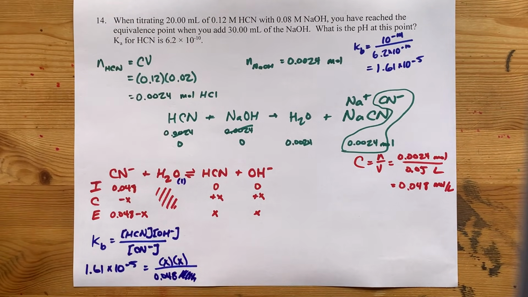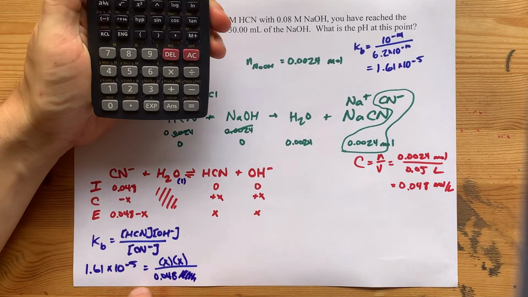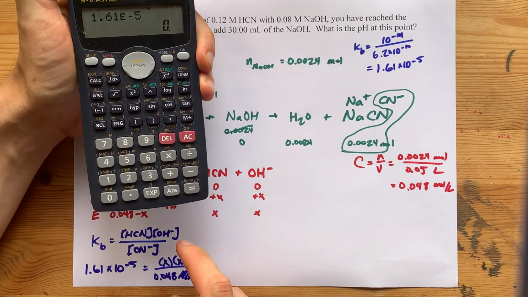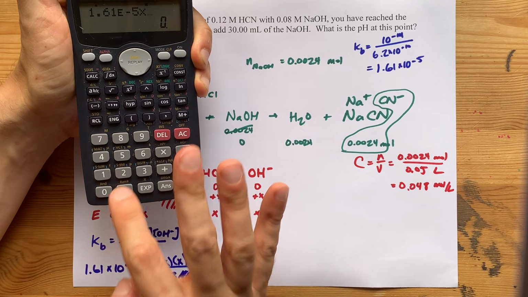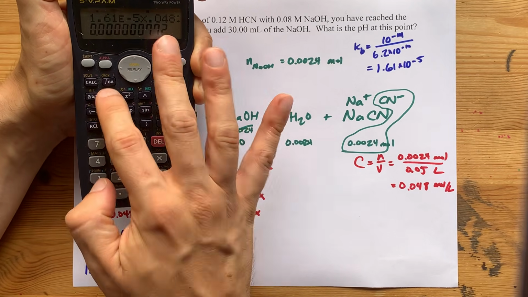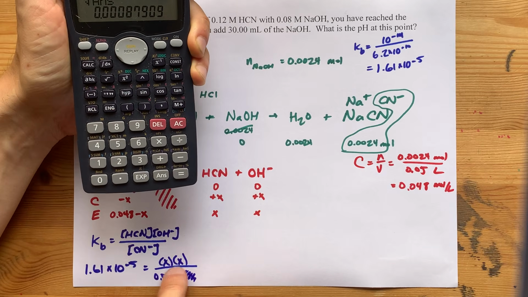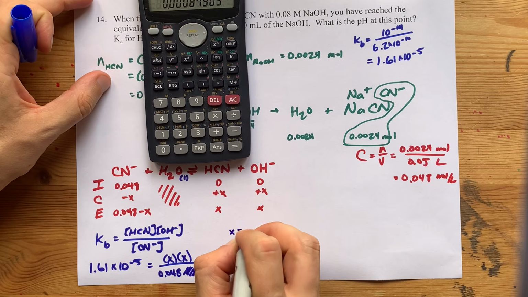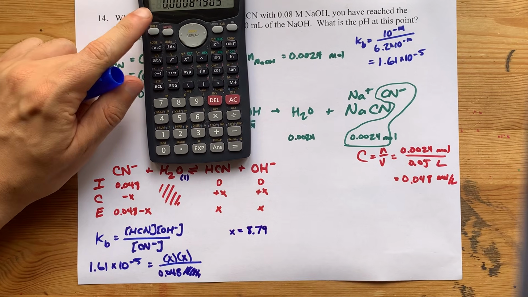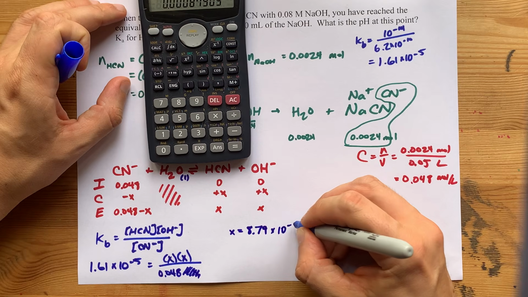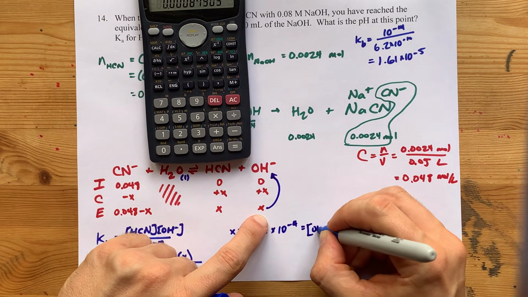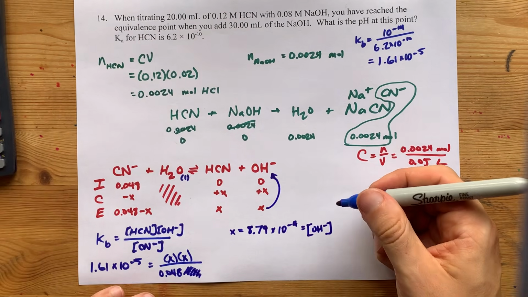We need to solve this, undo dividing by 0.048 by multiplying it on the other side. 1.61 times 10 to the negative 5 times 0.048, square rooted to get rid of the square on this x, gives me an x of 8.79 times 10 to the negative 4, and that is my OH minus concentration.